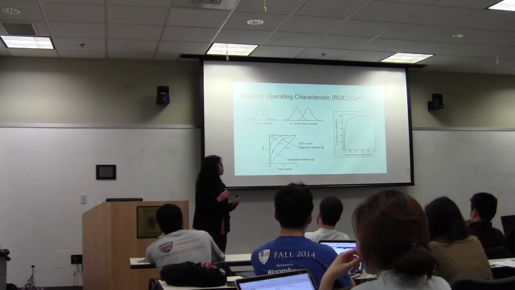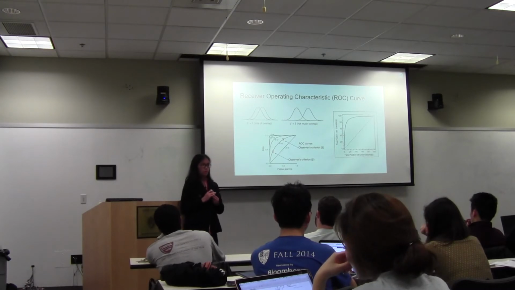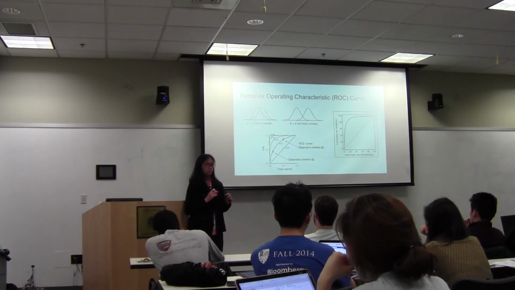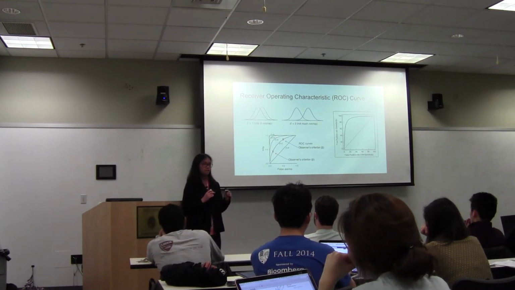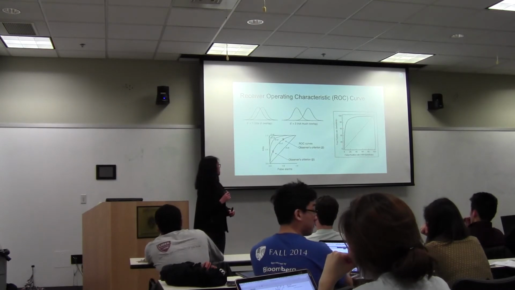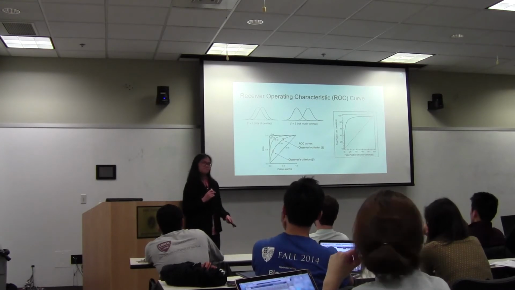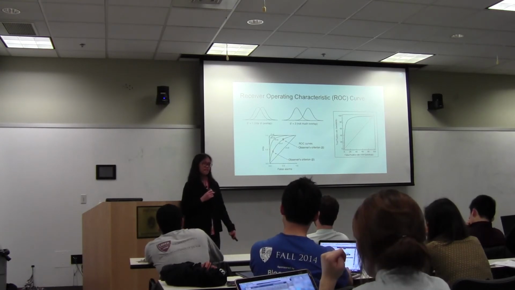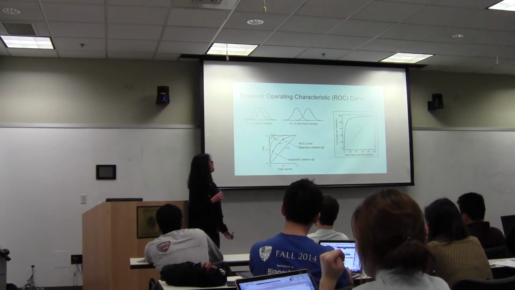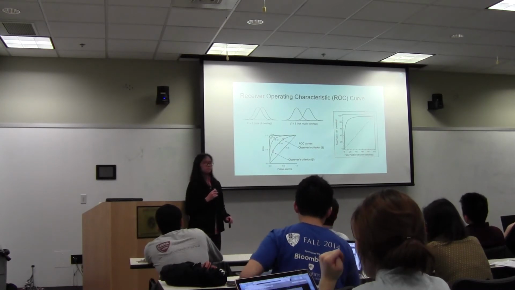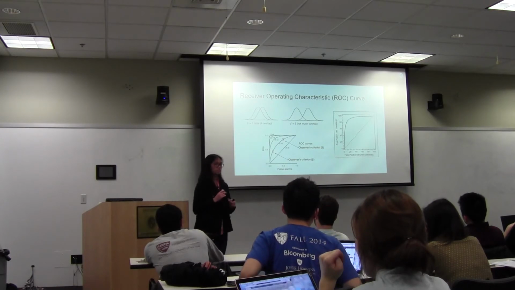What you want from this is to know your probability of false alarms and your probability of hits, use that to specify the points on this plot, and then draw an ROC curve through it. That tells you how good the signal detection is, and that's basically what you need to know from ROC curves. Just know how to plot points and draw.